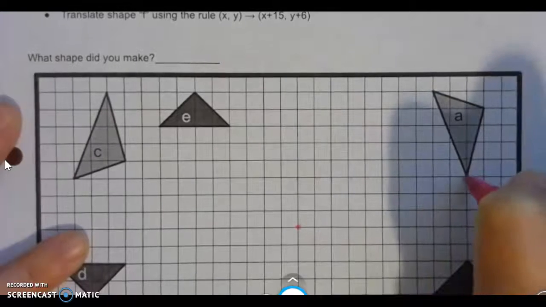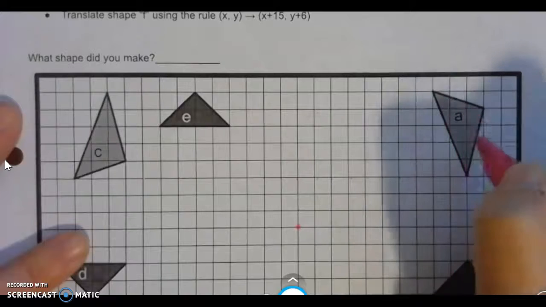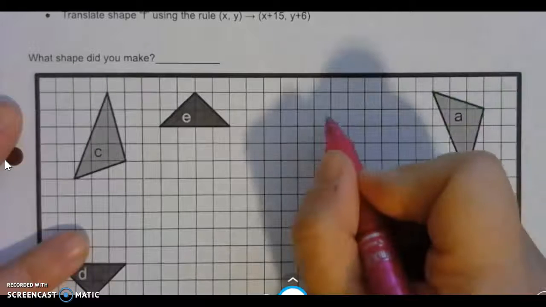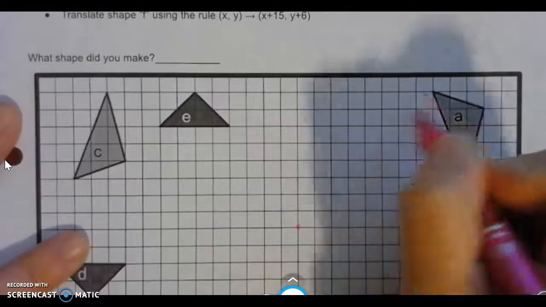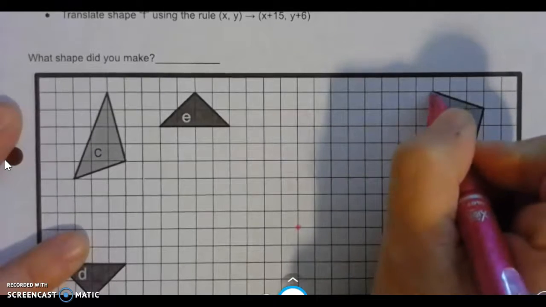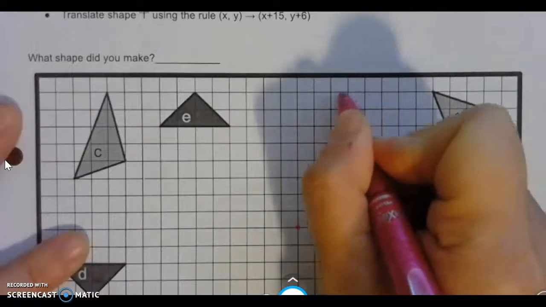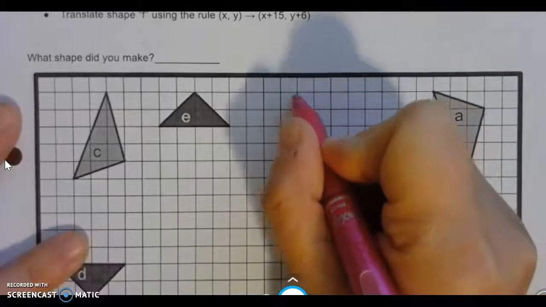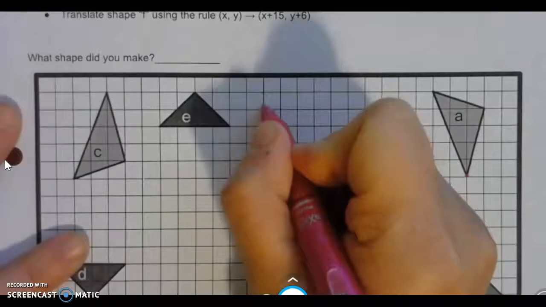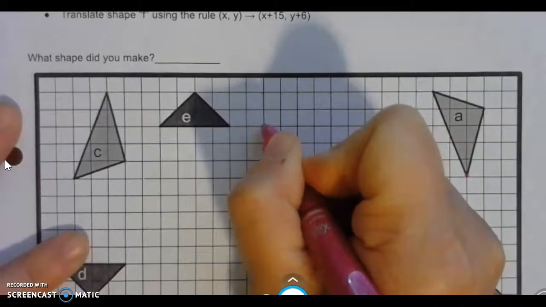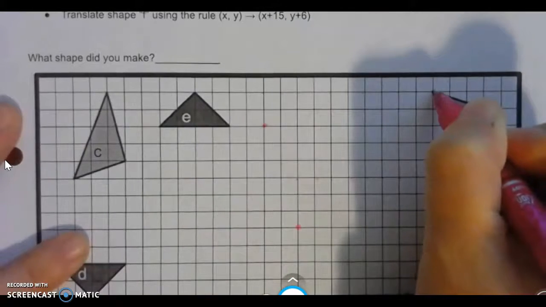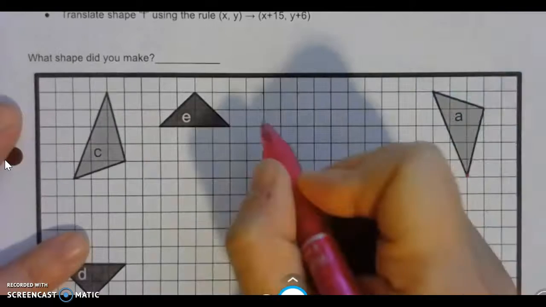Okay, so then from here, I can translate each of the points, 10 units to the left and 3 down. So let's do that. So 10 units to the left, 1, 2, 3, 4, 5, 6, 7, 8, 9, 10, and then 3 down. So this is the top left corner that I've just translated.